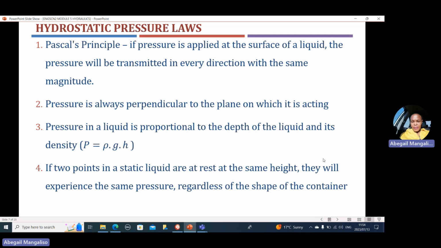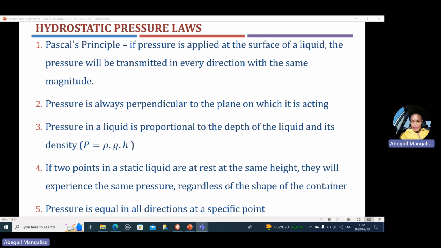Number 4. If 2 points in a static liquid are at rest at the same height, they will experience the same pressure regardless of the shape of the container. So the fourth one states that pressure is independent of the shape of the container. For as long as the level is the same, it is not influenced by the shape.